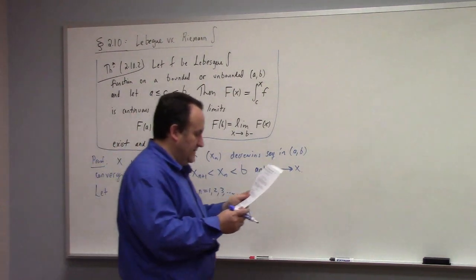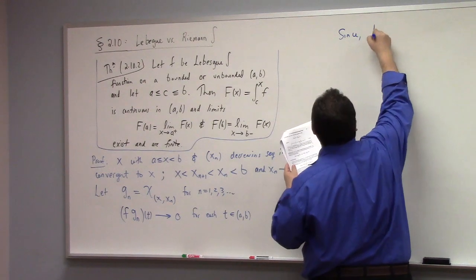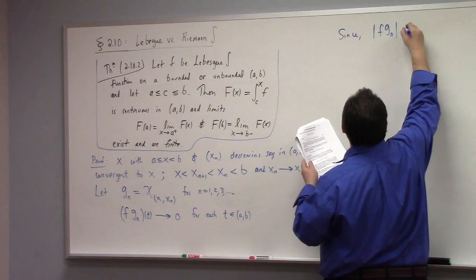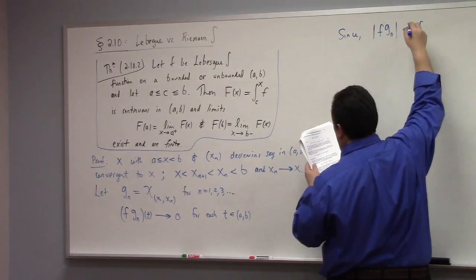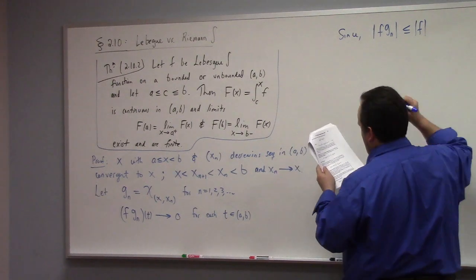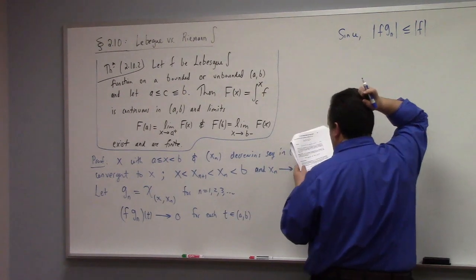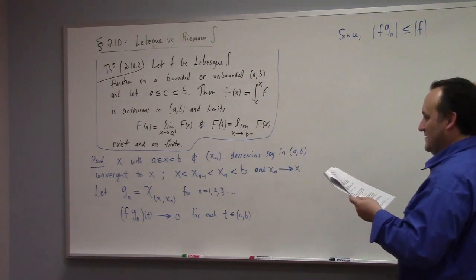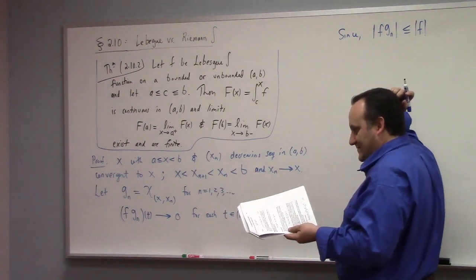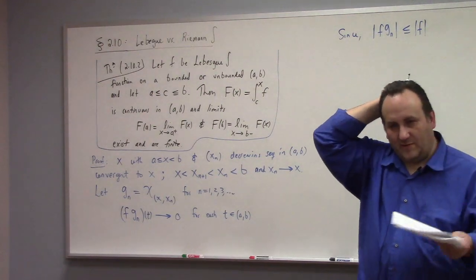He says since the absolute value of f g_n is less than or equal to f, all right, why is that true? Well, duh. Because g is either 1 or 0, so f times g_n is literally either 0 or the value of f.